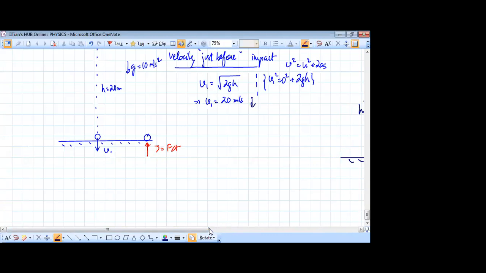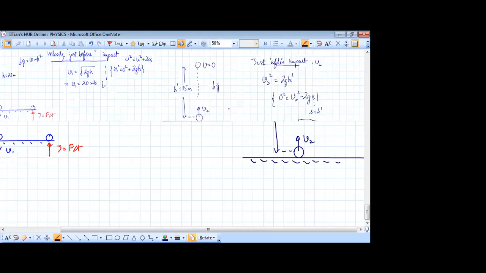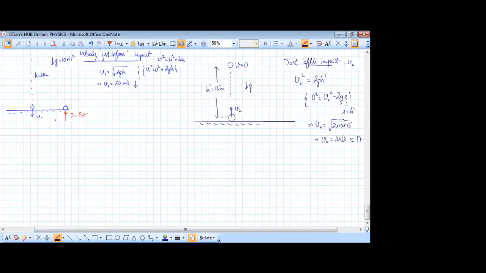Now we will apply the impulse momentum theorem. So we understood this: before impact, during impact, and after impact. Impulse is equal to change in momentum, delta P. So J should be equal to final momentum minus initial momentum.